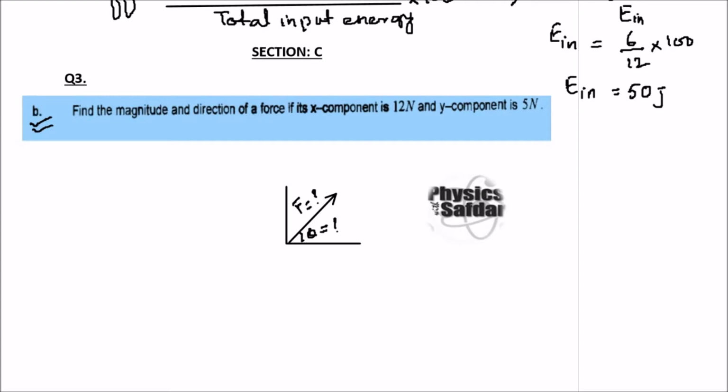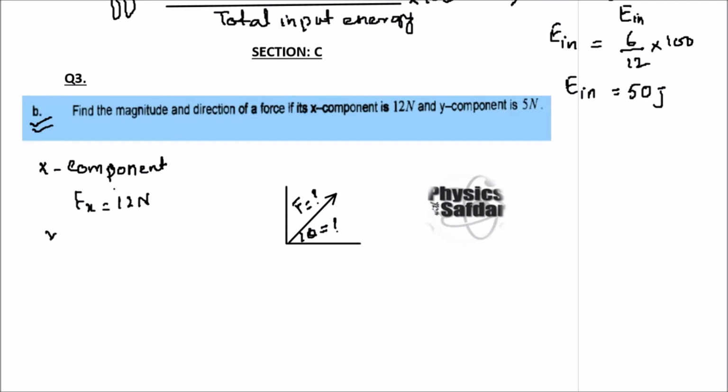Now, what are the information given and required? Look at the question. Its x component is 12 Newton. So x component means this is fx is given, so you can write here x component fx, and it is 12 Newton.